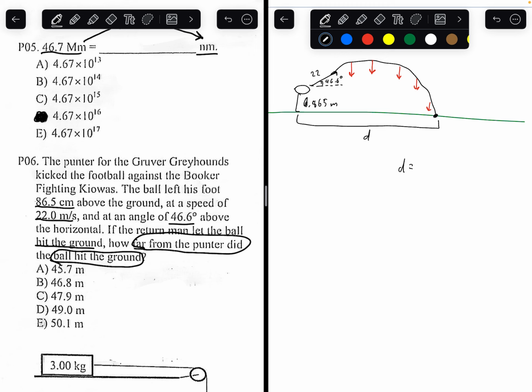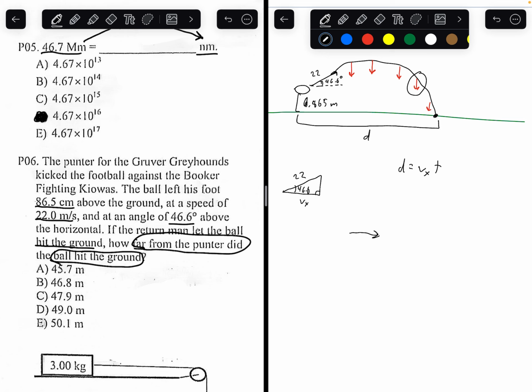It does not point in the x direction, meaning the x component of this ball, the velocity in the x direction, how far the ball travels straight to the right, does not change. It stays the same, so we write that as velocity in the x direction times time. This is the formula we want. Distance equals velocity times time, velocity in the x direction, because this stays the same.